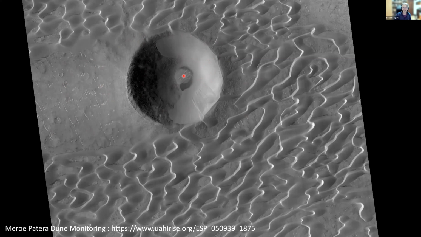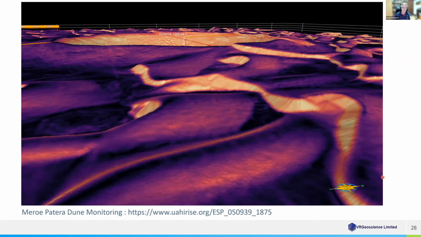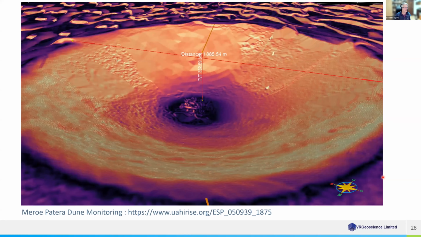So it's a fantastic example, but we can then take this, so I should say this is NASA HiRISE data. The HiRISE data is available to download. There's quite a lot of elevation data available. You can take that elevation data, import it into VRGS, and then you can start to do things like this. So this is a dip map, showing the orientation, the angle of dip of the surfaces.